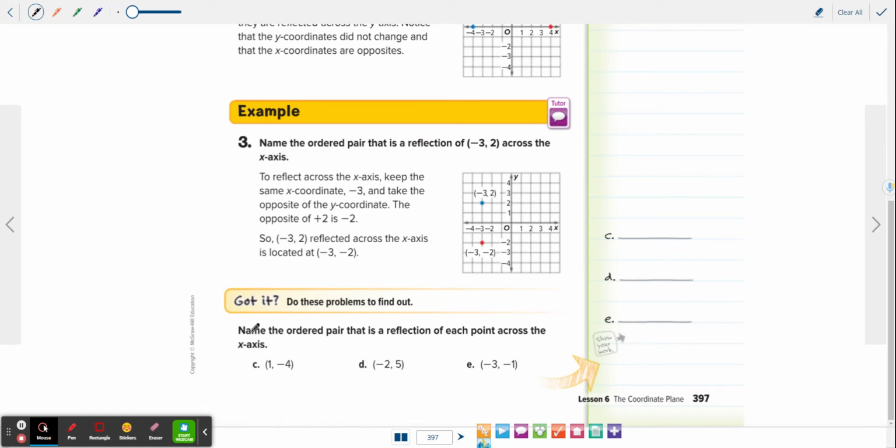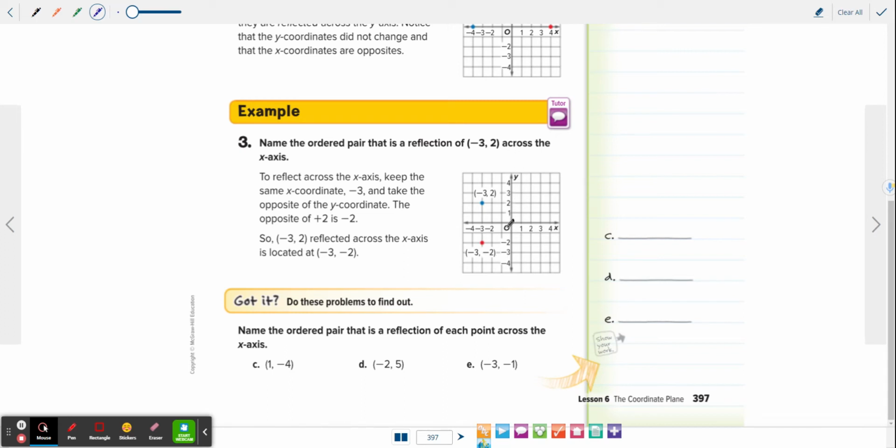Okay, so now name the ordered pair that is a reflection of each point across the x-axis. So we're using this x-axis here. And just kind of a hint, if it's reflected across the x-axis, the x number will stay the same, but the y will be opposite.